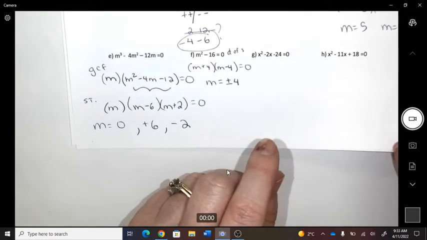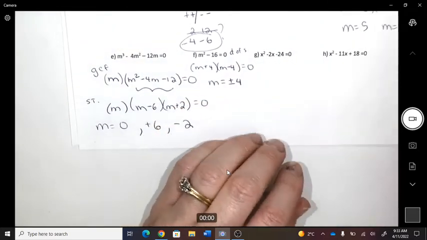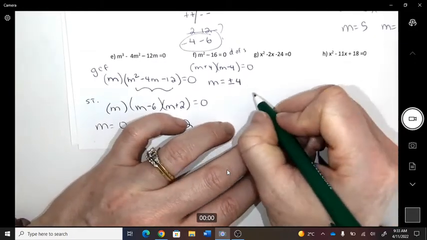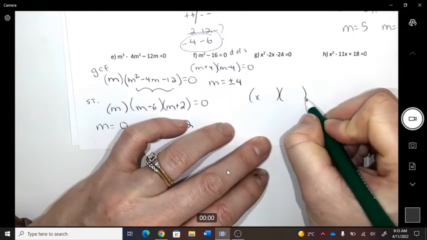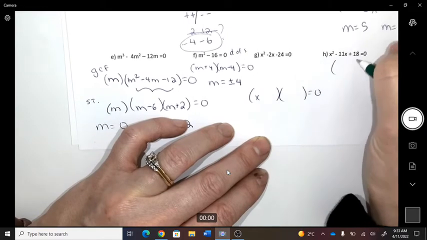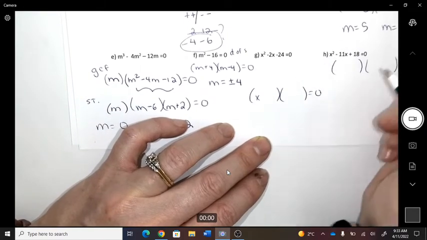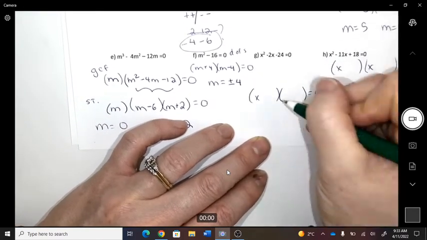Okay, G and H are simple. Do you want to try them on your own? See if you can get both of them on your own. They're simples.